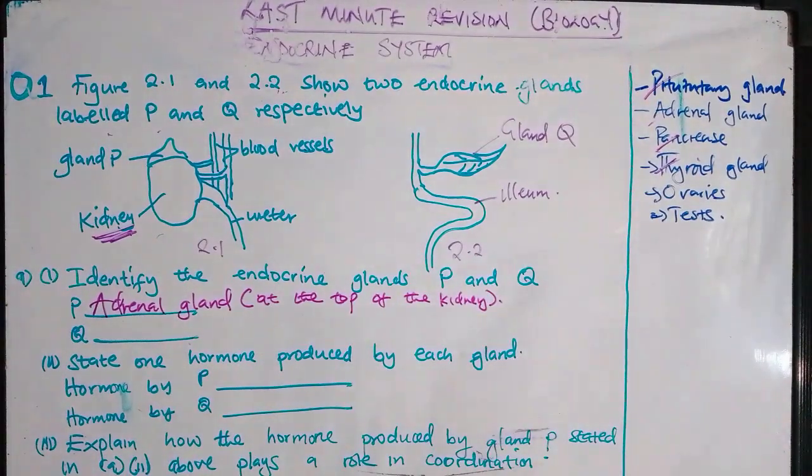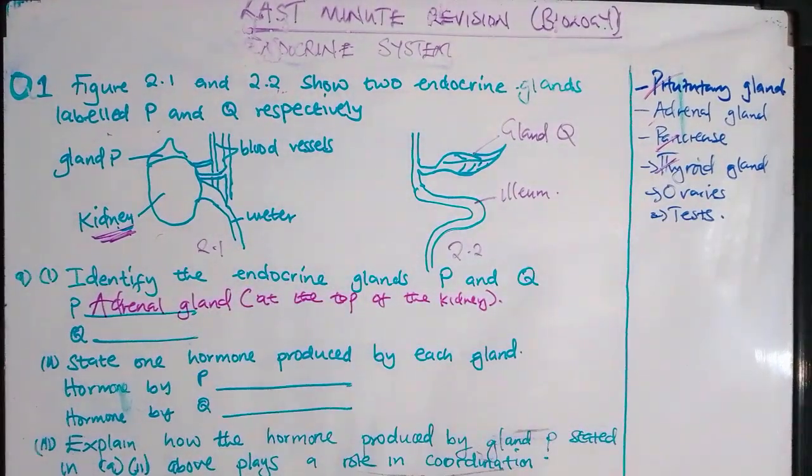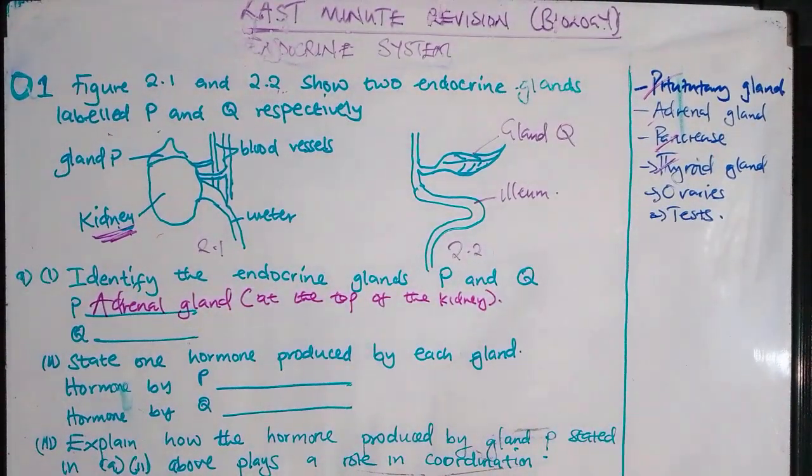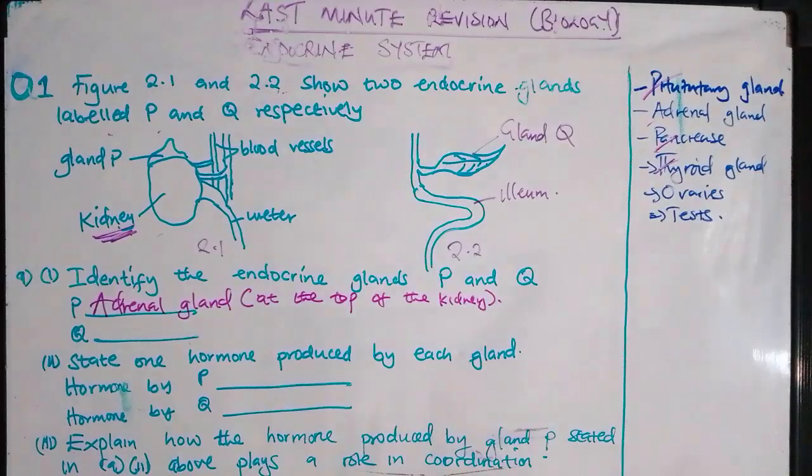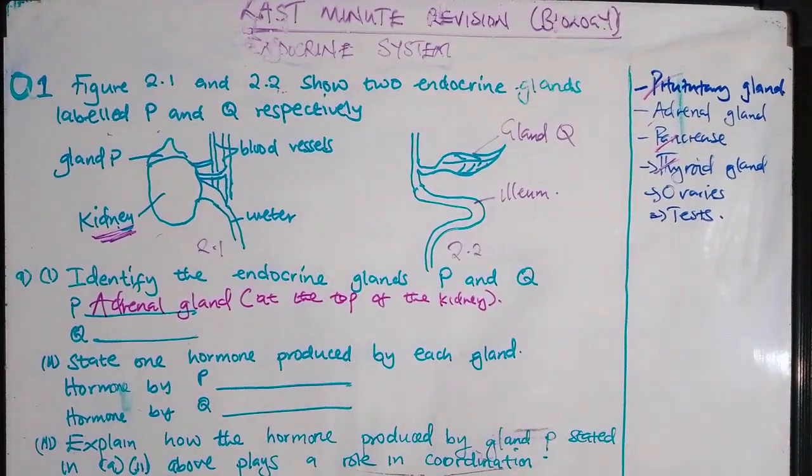This is how you can know that this is the adrenal gland they are talking about. Whenever you hear the word kidney, whatever gland is associated with the kidney is the adrenal gland.